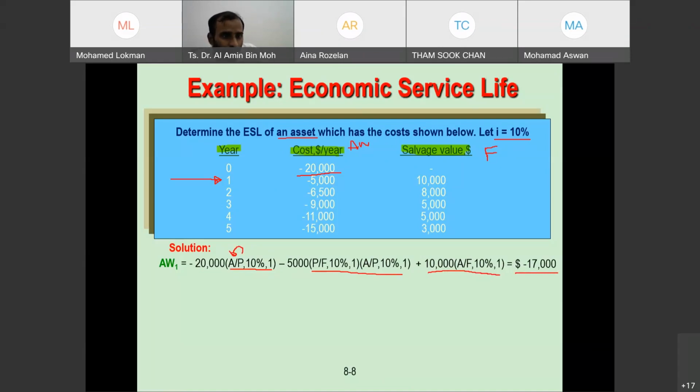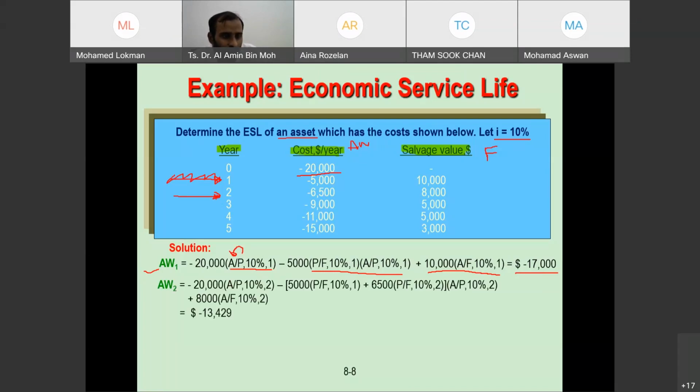Okay. So we need to calculate the AW for 1. We are done. So now we need to calculate the AW for 2. So what information is going to be involved? Now it's 0, 1, and 2. We're going to use all the information.